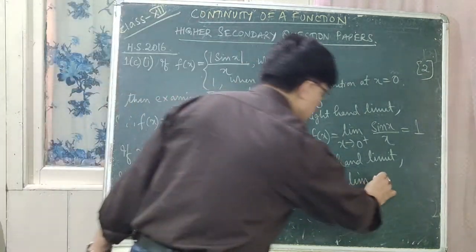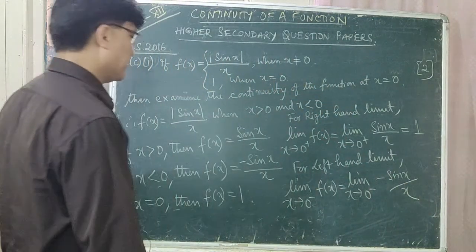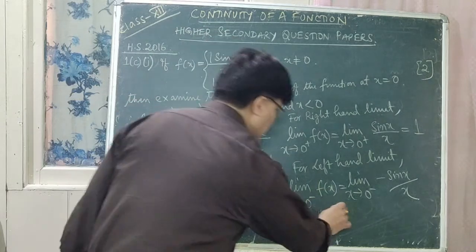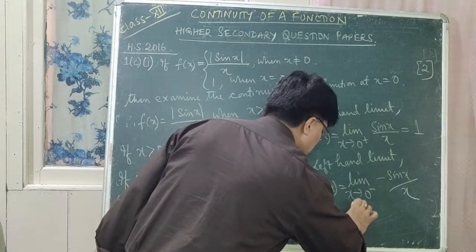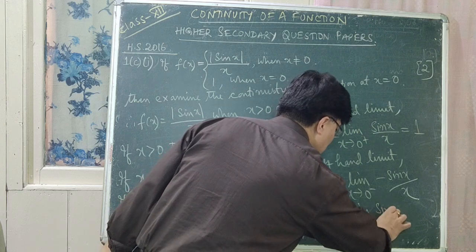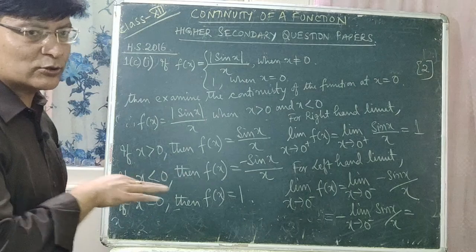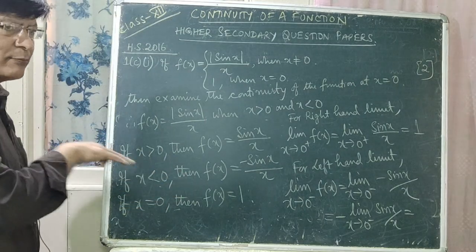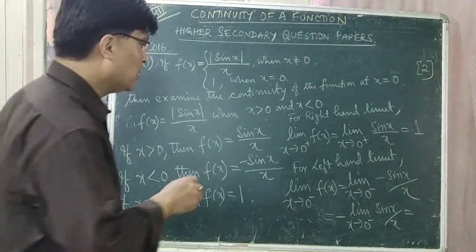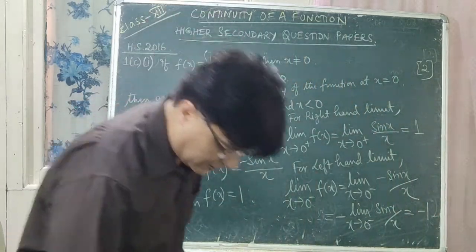It is minus sin x upon x. Is that clear? So which is equal to, the minus sign is taken outside, limit x tends to 0 minus of sin x by x, which means that x is approaching 0 from the left hand side. So which is equal to minus 1.